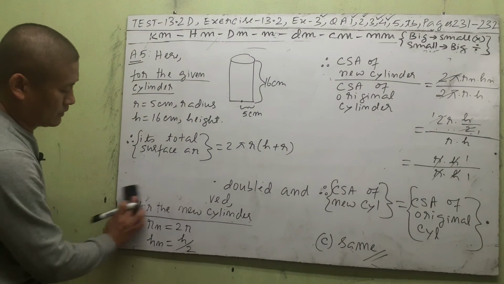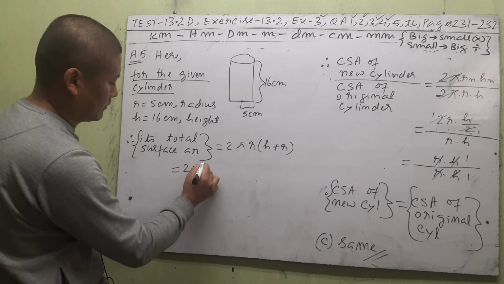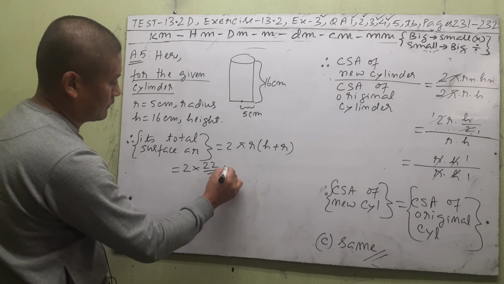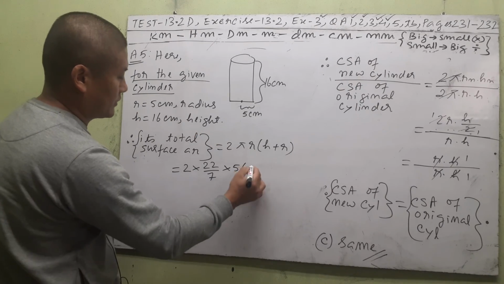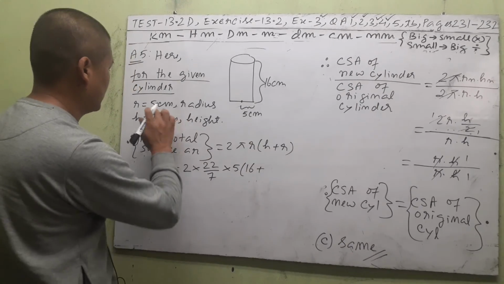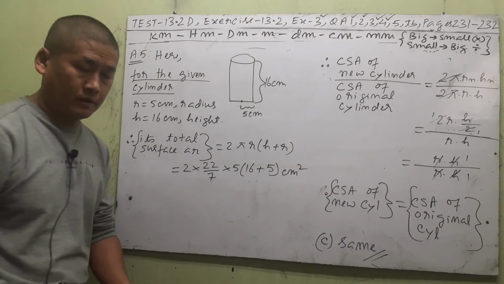So as we calculate, we are going to get 2 into pi, which is not given, so 22 by 7, into r which is 5, into h which is 16 plus r which is 5, and the answer in centimeter square.